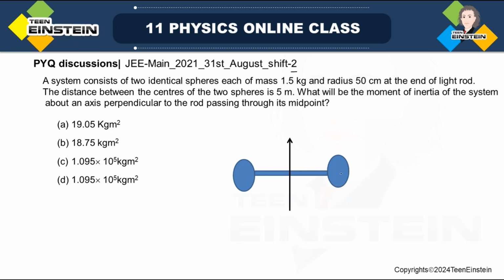The radius is 0.5 meter, 50 centimeter, and mass is 1.5 kg. The distance between the centers of the two spheres is given, and this is 5 meter.